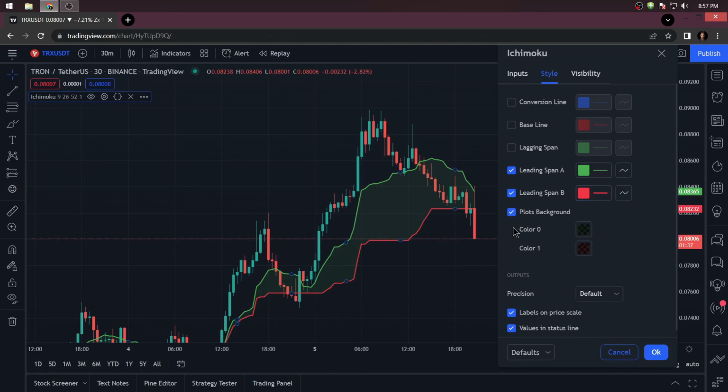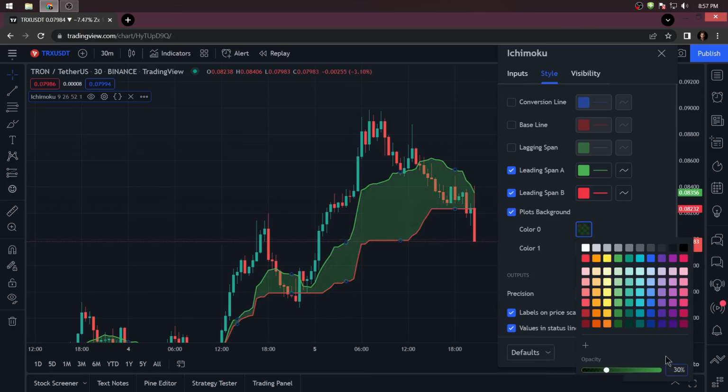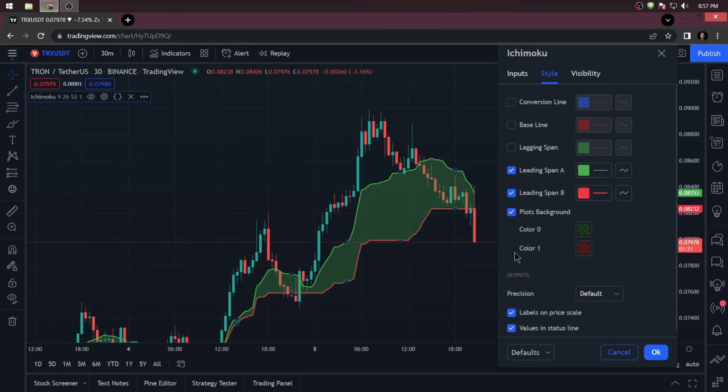Now I want to increase the plot background, so I make it 30%, and also for the second one. We have successfully changed some settings, so I simply click OK to save.